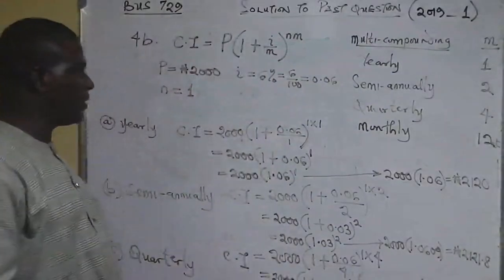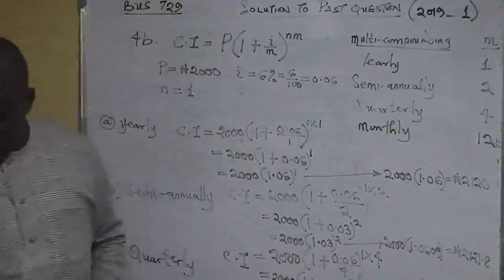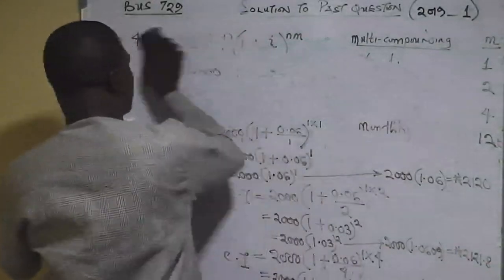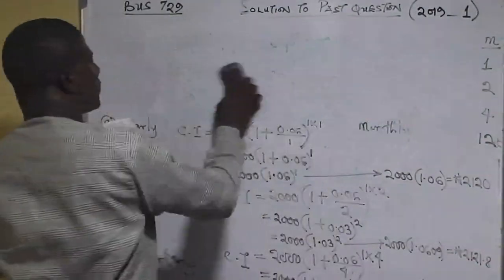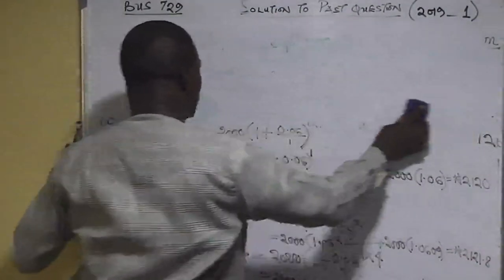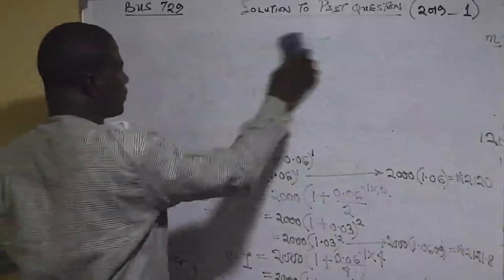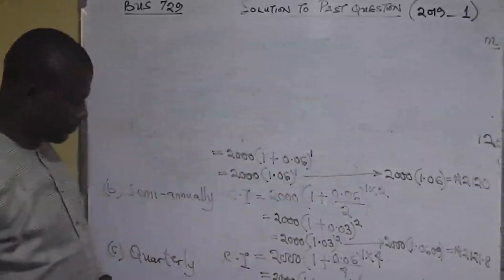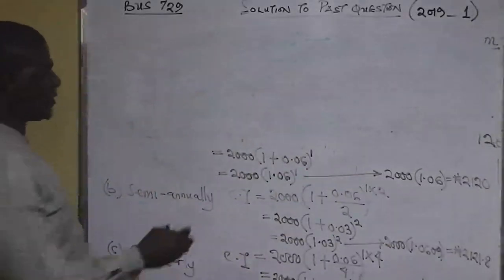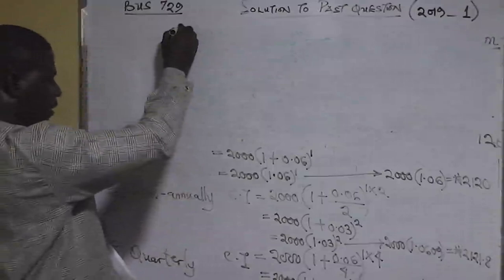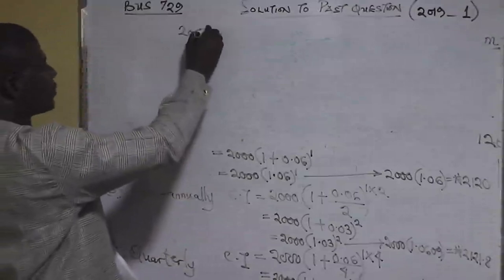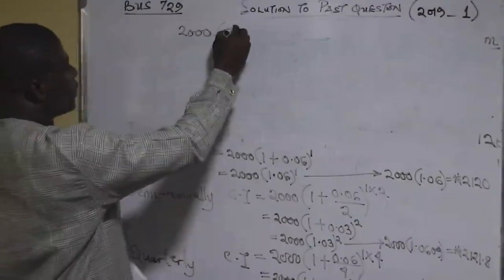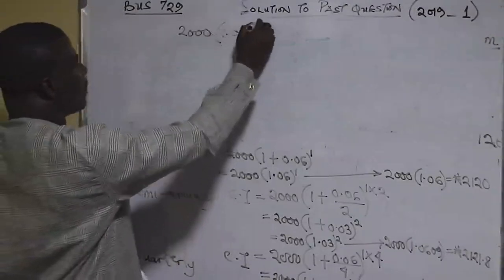Okay, let me clean the one upstairs so that I can utilize that space. So I'm going to have, of course, for the quarterly, continuation of the quarterly, 2000 into brackets 1.015 raised to power 4.